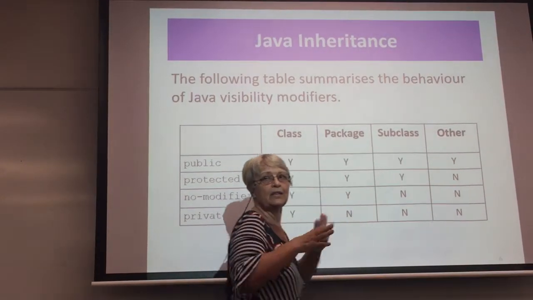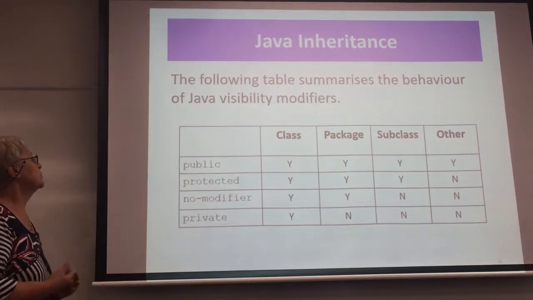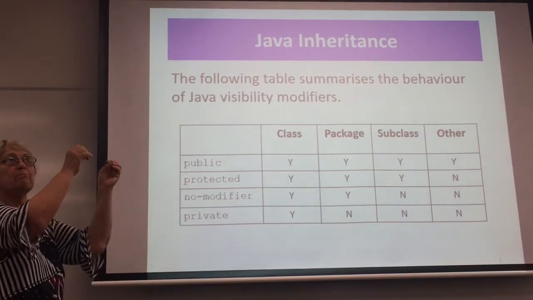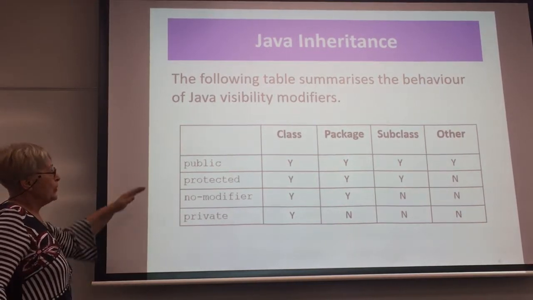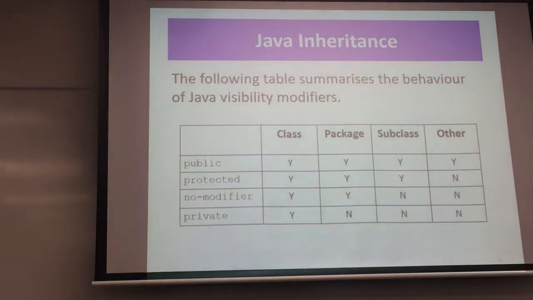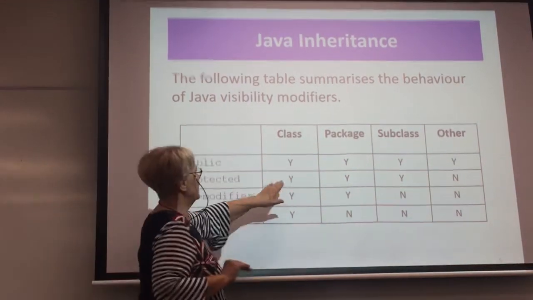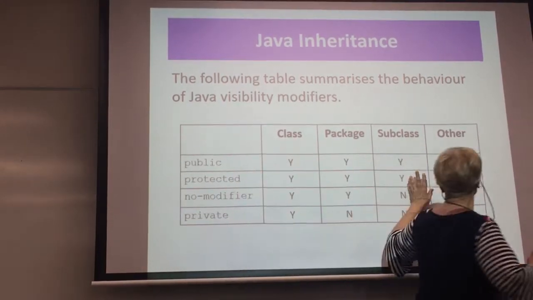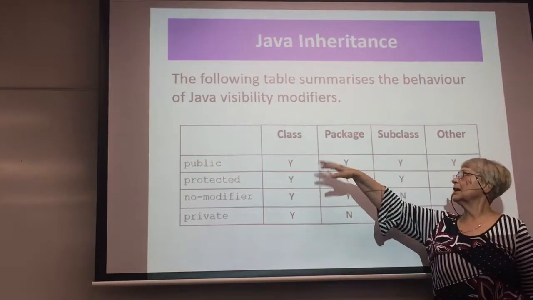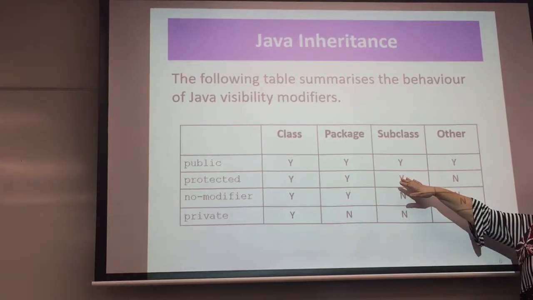So public gives access to everything, of course, with the import of whatever file is required. Protected, like in C++, is a little bit more restrictive. It gives access to everything in the class, in the package, in the subclass, but not to the outside world.